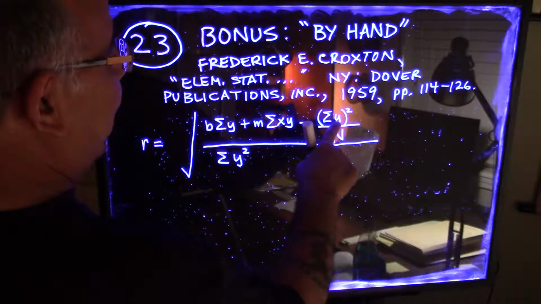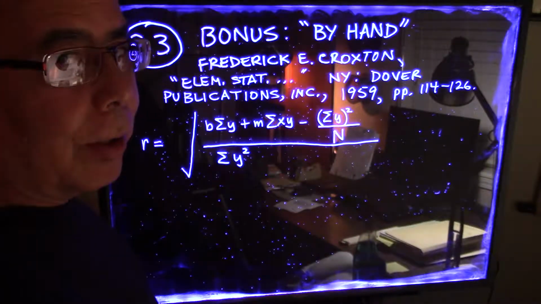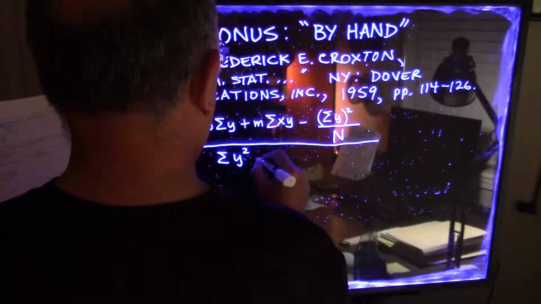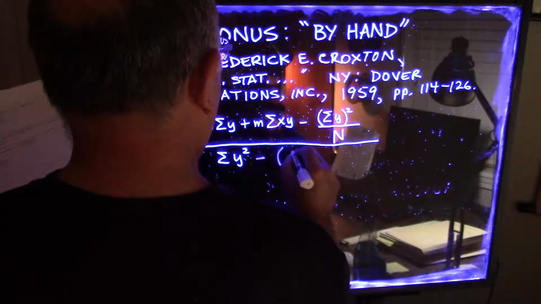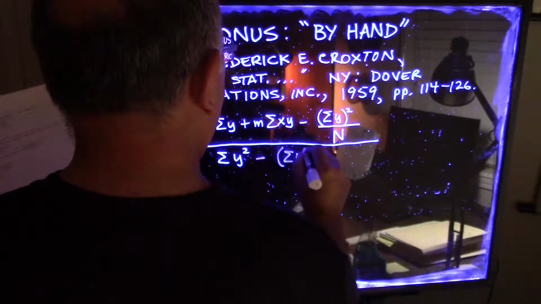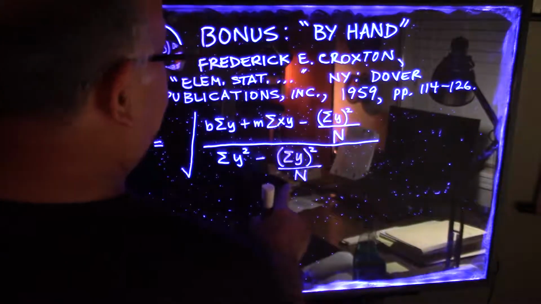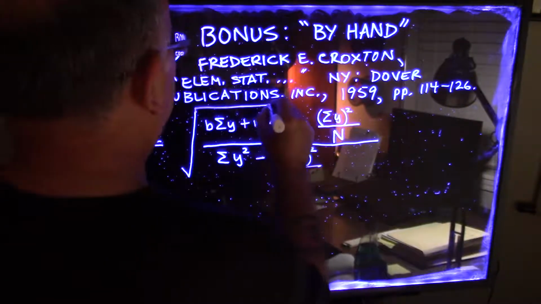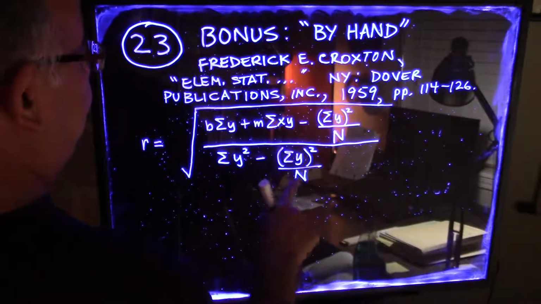This one, you just add up the y's, and then you square the result at the end. So they are different. So let's see, minus, then we've got the sum of the y squareds in parentheses, the sum of the y's squared over n. So this is the same as that. Take the square root of all this.